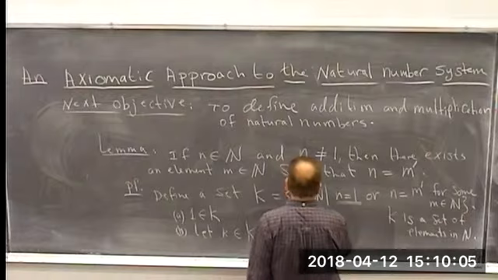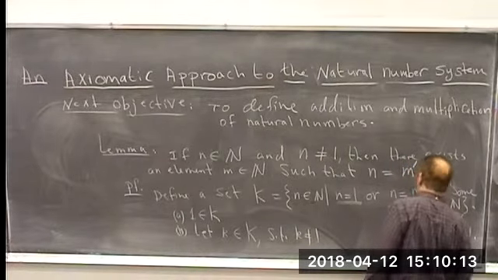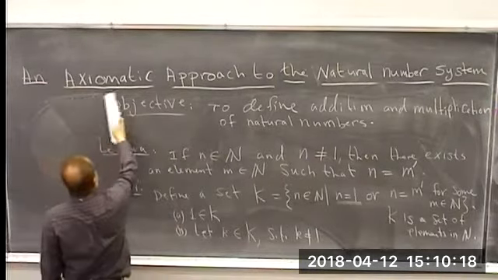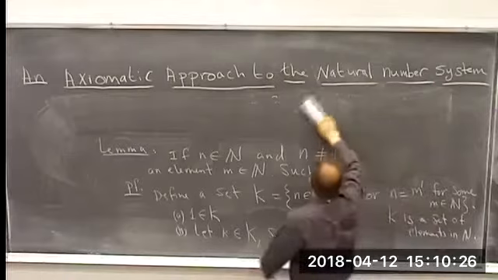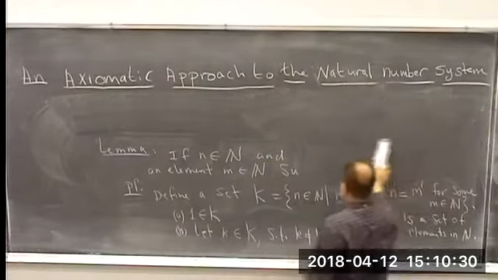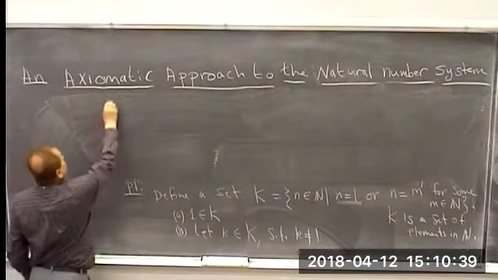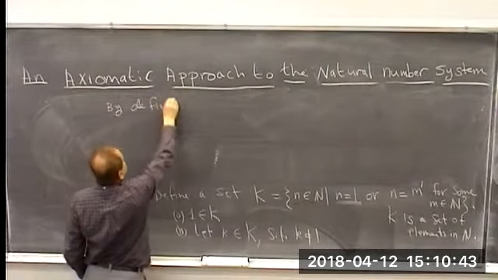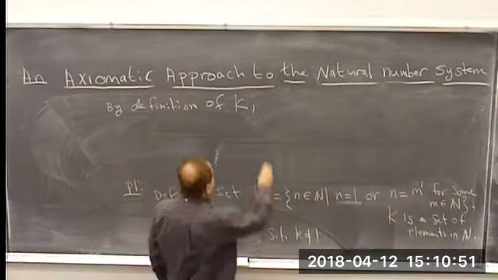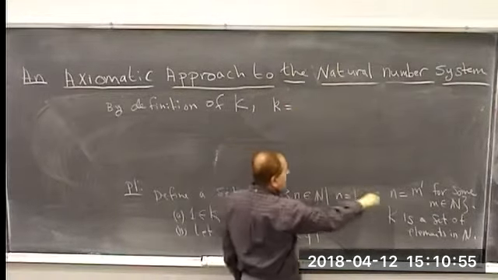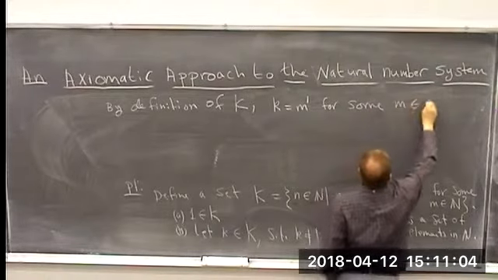This one is saying that it's going to be a successor of some element in N. So by definition of K, we have k equal to the successor of m prime for some m in N.